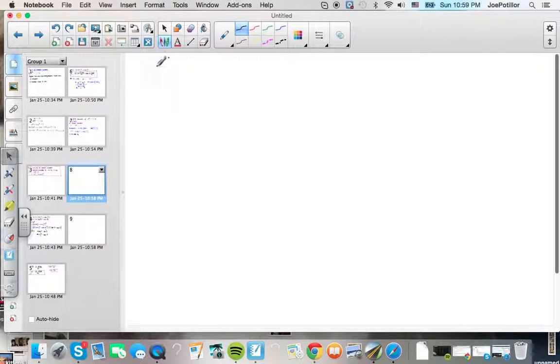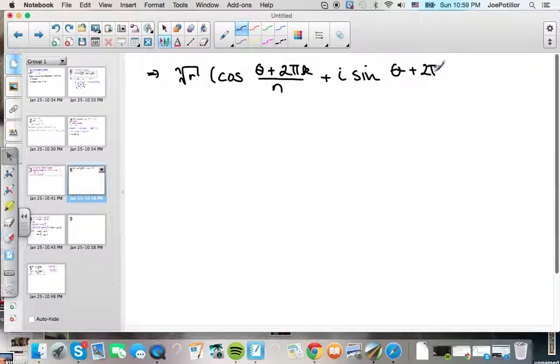So we go: nth root of r, cosine of theta plus 2 pi k divided by n, plus I sine of theta plus 2 pi k divided by n. We are, of course, finding the 6th root of this equation. So this will be the 6th root of 1.